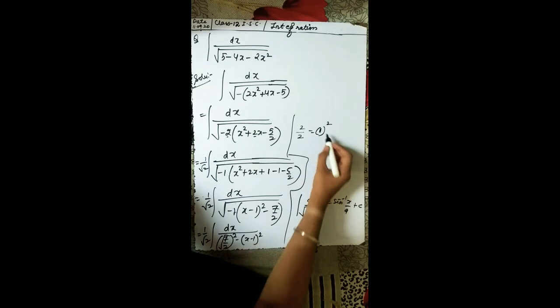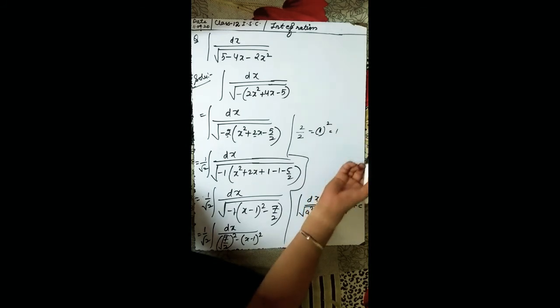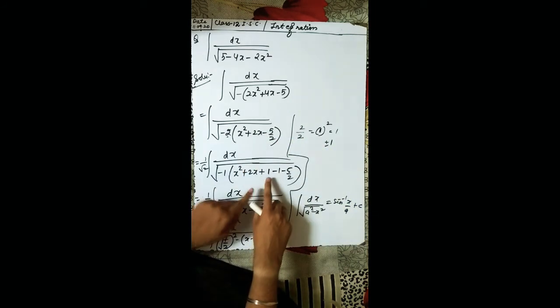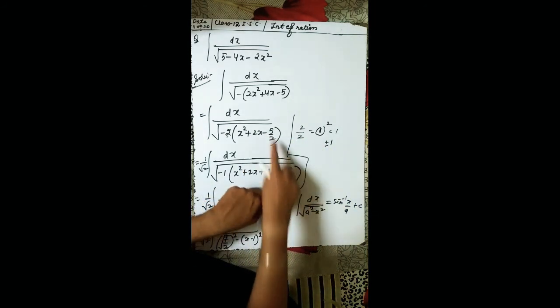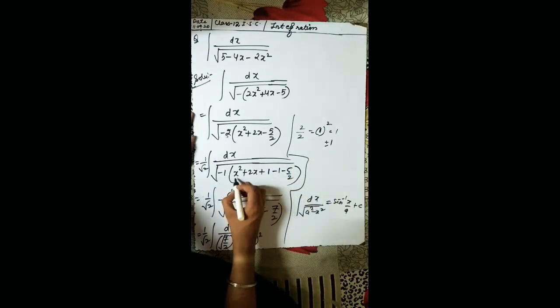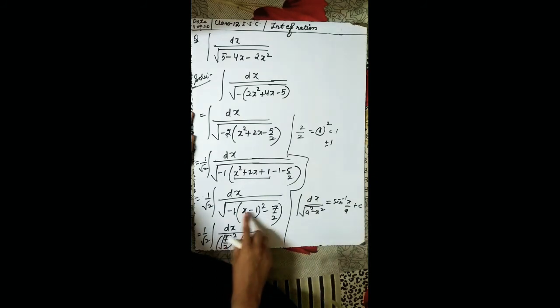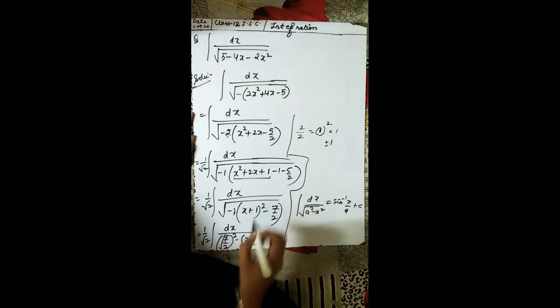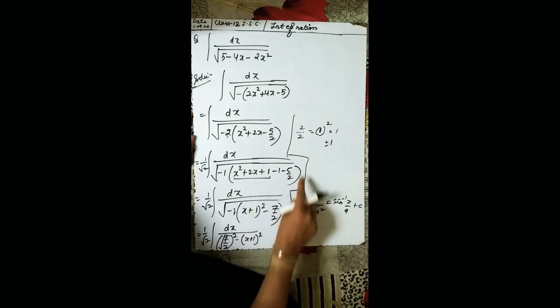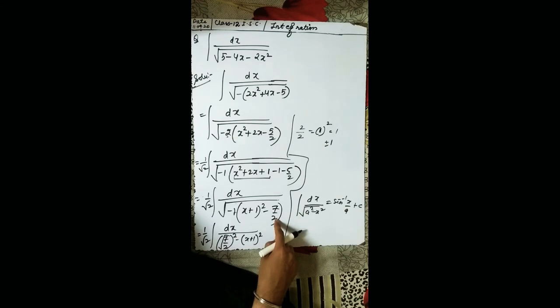Square it, so you will get 1 square, that is 1 only. And you need to add plus 1 and minus 1 in this expression, along with this minus 5 upon 2. Okay, this completes the square of x plus 1 the whole square. And this minus 1 minus 5 by 2 will give you minus of 7 upon 2.